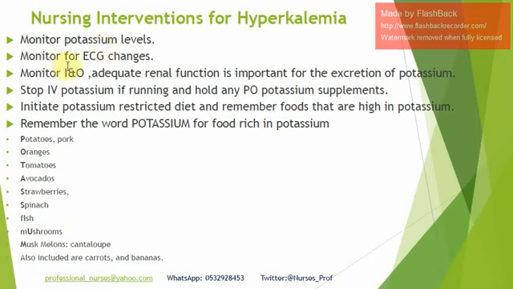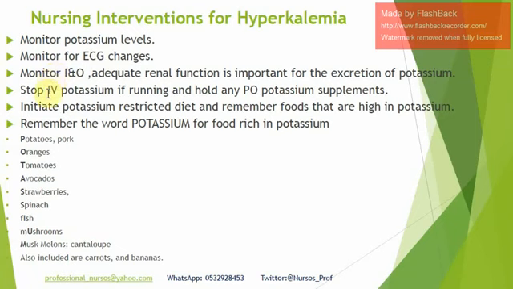The second intervention is to monitor ECG changes. As we said before, the patient with hyperkalemia may have some ECG changes, so we have to keep an eye on it. Monitor intake and output, especially with a patient with renal impairment, because if the patient has renal failure, he may be at risk of hyperkalemia.